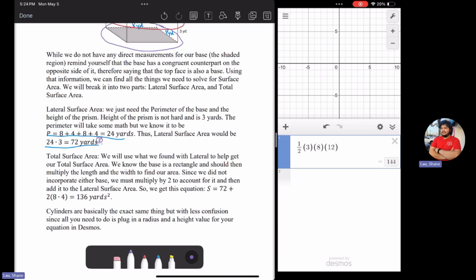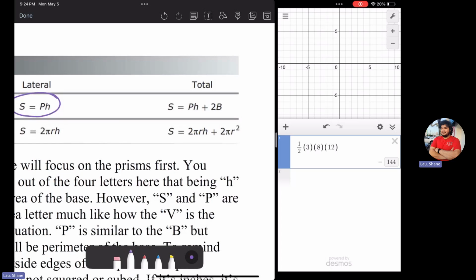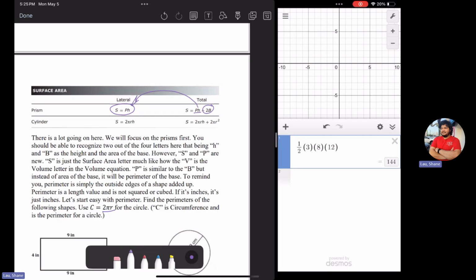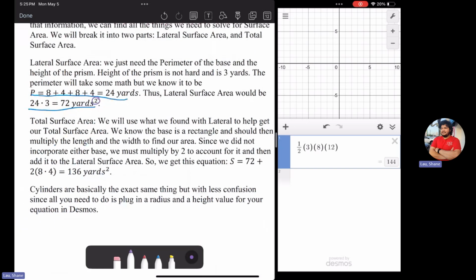Then for my total surface area, I'm going to take what I found in my lateral surface area to help me. If I look at my actual equation right there, I see I have Ph. That comes directly from my lateral surface area. I'm only adding 2 times capital B. So I already know I'm starting off with this 72, exactly what I got for my lateral surface area. Then I'm going to find the components of my base.